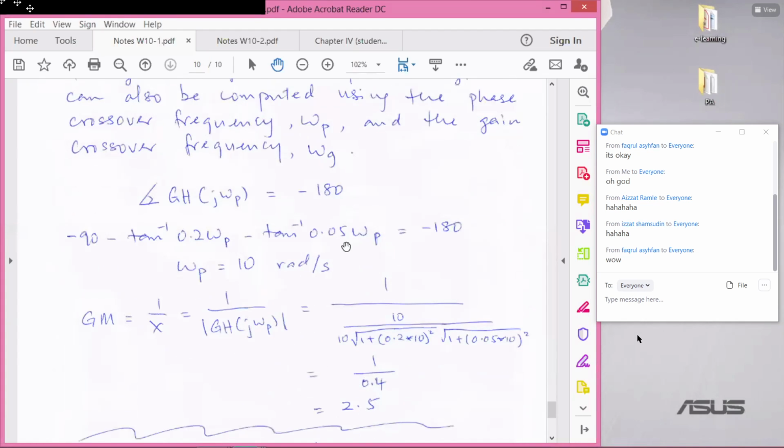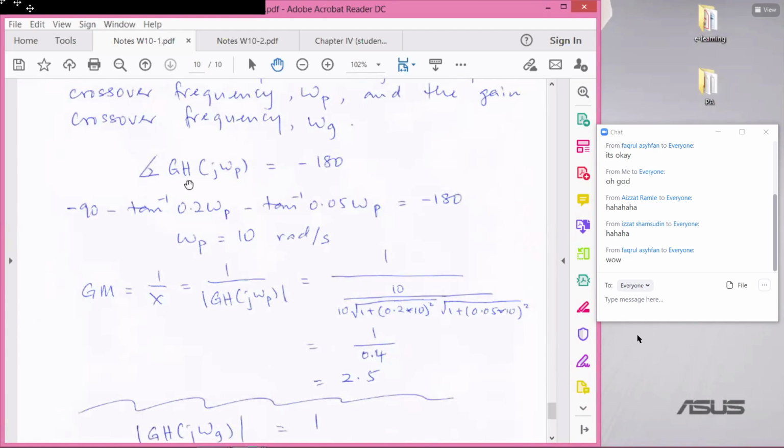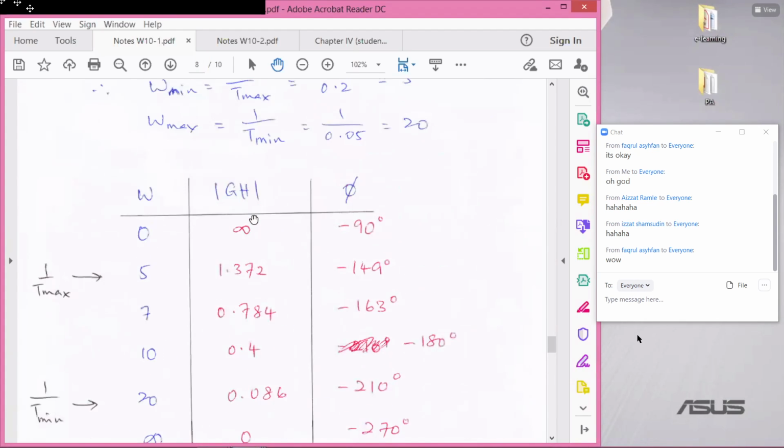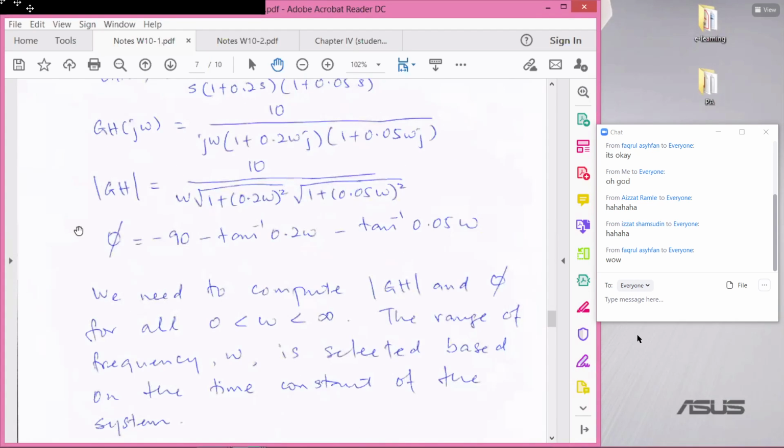From the definition, at phase crossover frequency, the phase angle is -180. So you use this expression for your phase angle. When the phase angle is 180 or -180, the frequency at that particular point is the phase crossover frequency.